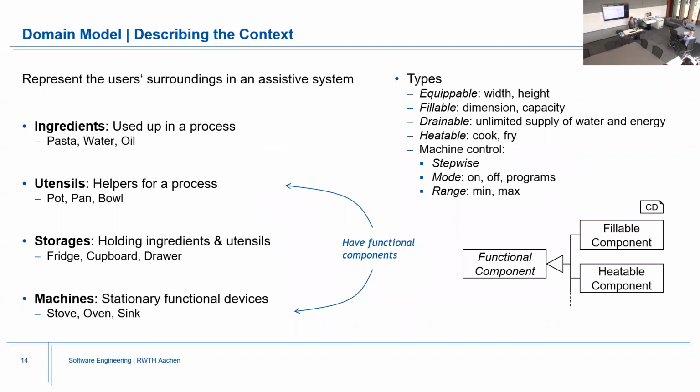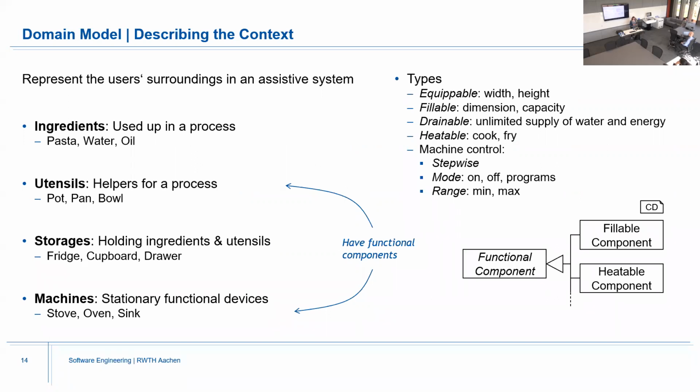Another important information that we need here for this domain model is what functionalities the objects are providing us. Therefore, we have added functional components for utensils and machines. For example, being equipable means that on a stovetop, you can put a certain pot or pan with certain dimensions or a certain height.